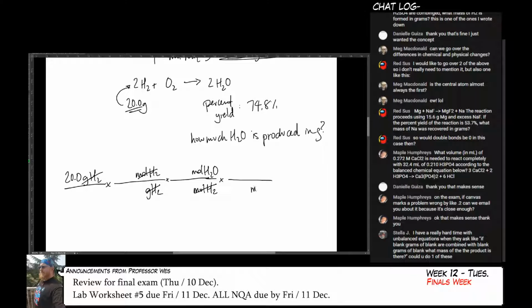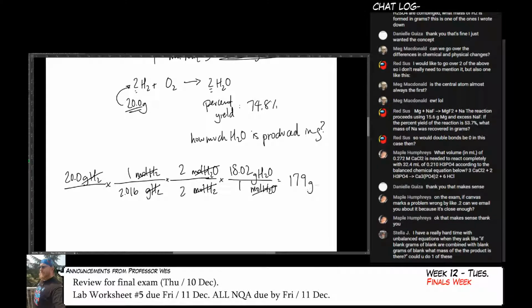And then we'll turn moles of H2O into grams of H2O. All right, so 1 mole of H2 is 2.016 grams H2. This is 2 to 2 from the balanced chemical equation up here. And then 1 mole of water is 18.02 grams. We're going to make a lot of water. Who's thirsty?